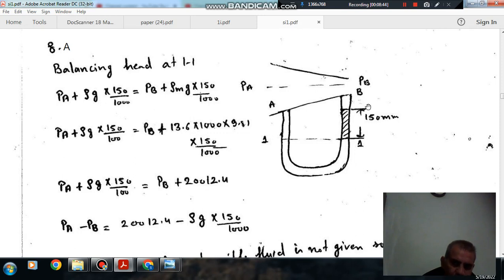And this is your PB, PB plus rho m, m meaning mercury, into 150 by 1000, again the same thing. The fluid above them is the same, so we have not included that quantity. We have taken only PA and PB and the difference in head.